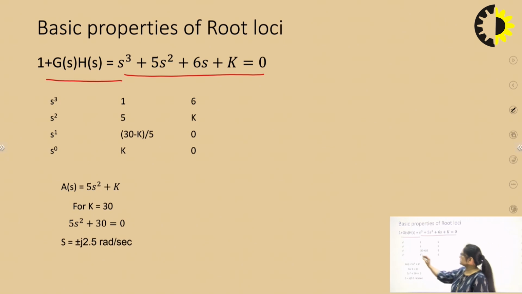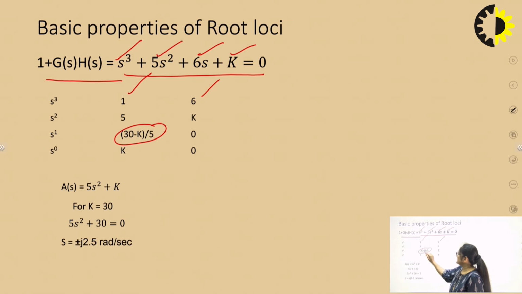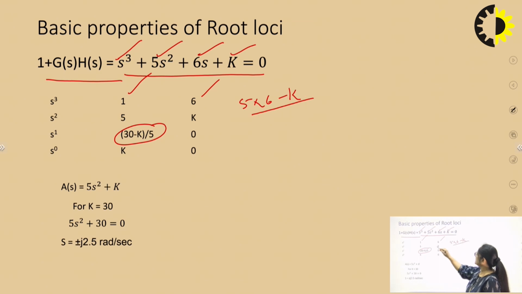So, we'll arrange it in the Routh table. The highest order is s cube and the coefficients 1 and 6 are placed here. For s square, the coefficients 5 and k are placed here. So this is 5 into 6 minus k divided by 5, that is 30 minus k upon 5.